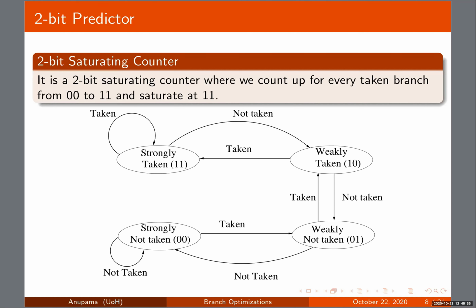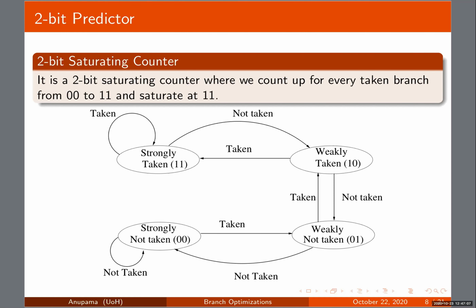Now, if it is taken, you move from the strongly not taken to the weakly not taken state. If it is taken again, then you move to the weakly taken state, or you move from 0, 0 to 0, 1 on taken. Another taken will take you to the state of 1, 0.